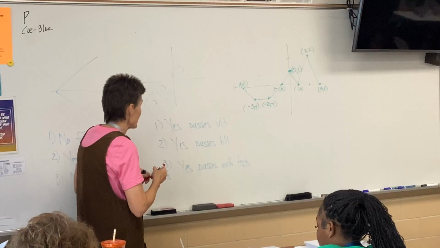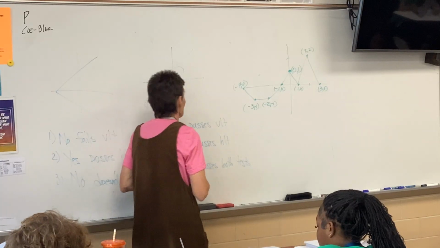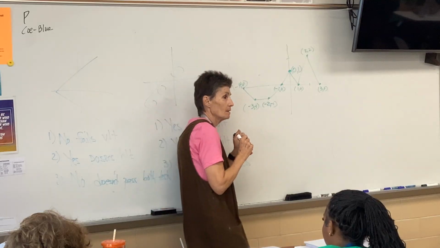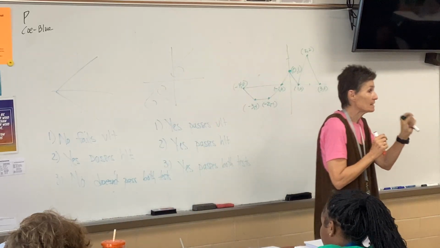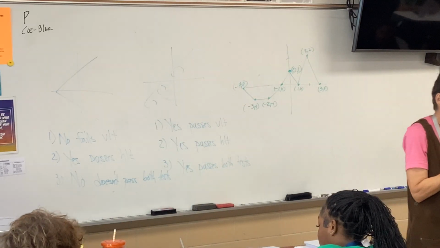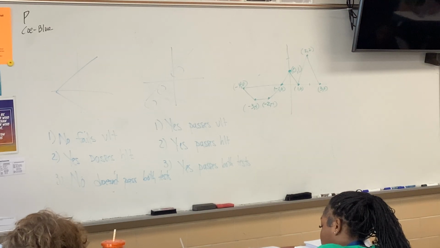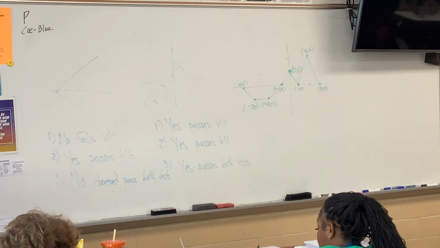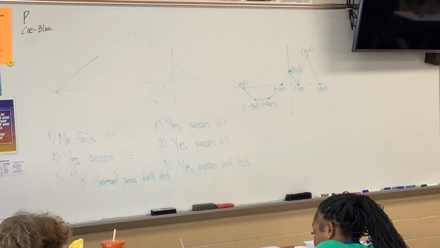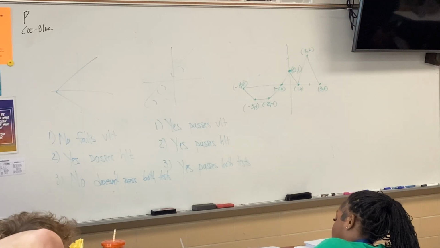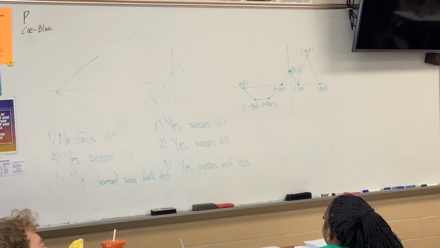I want you to think back to our equations. When we had to find the inverse of an equation, first thing I did was change the f of x into a y. And then what? What was the next thing I did after I changed my f of x into a y? Flip the x and y. So guess what I'm gonna do?